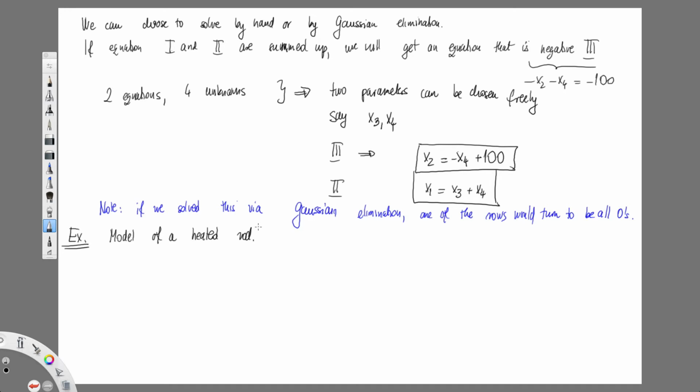And this is another example of a linear system in applications. So assume I have a heated rod that goes in between two walls.